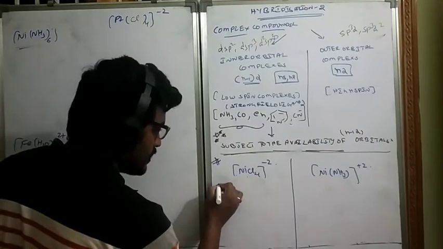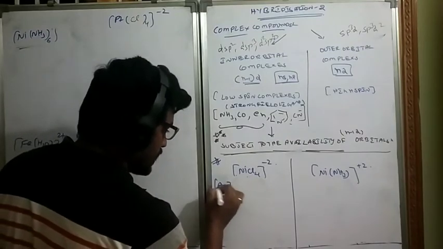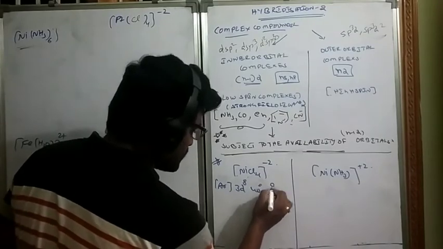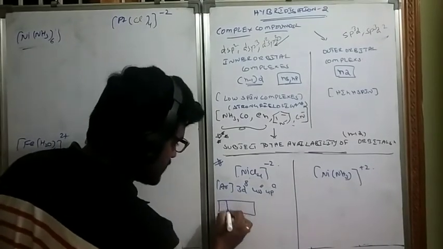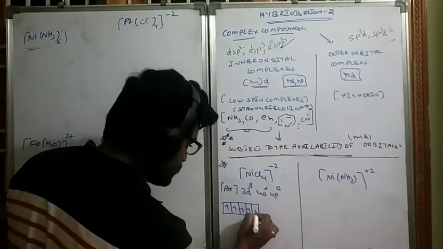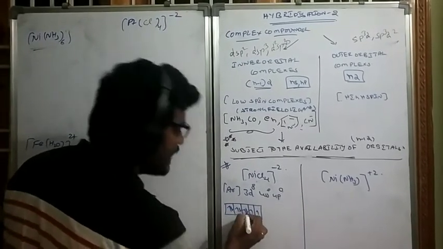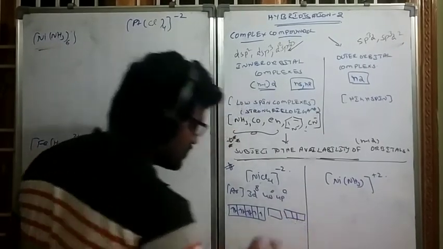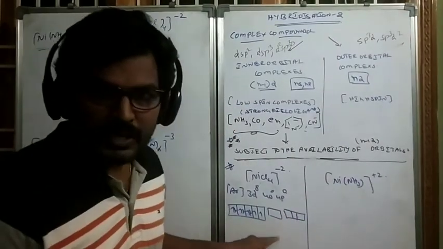Nickel electronic configuration is argon 3d8, 4s0 and 4p0. For this you have to write the orbitals completely: 1, 2, 3, 4, 5, 6, 7, 8, according to Hund's rule and then Pauli's exclusion principle. You have to write this down.